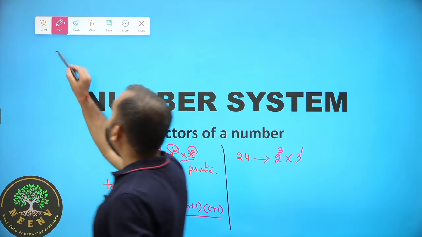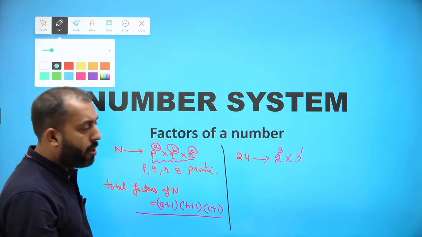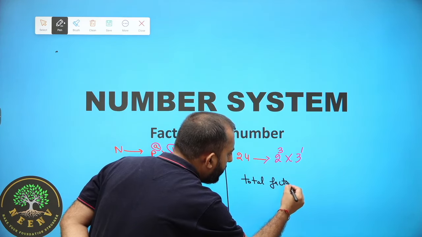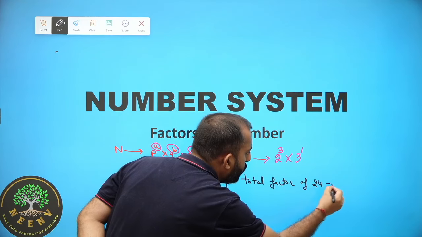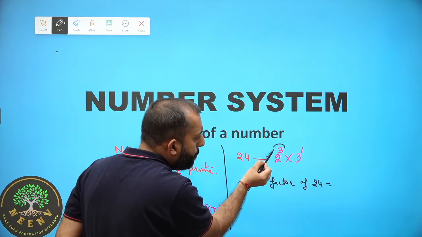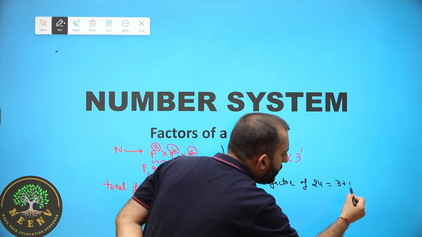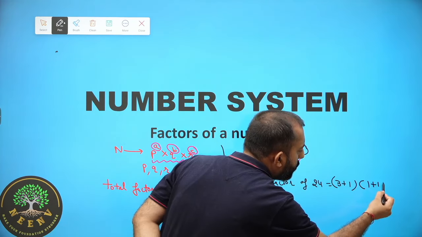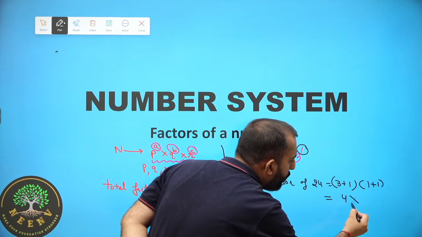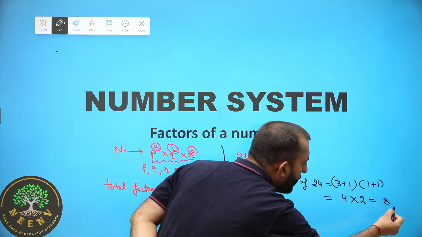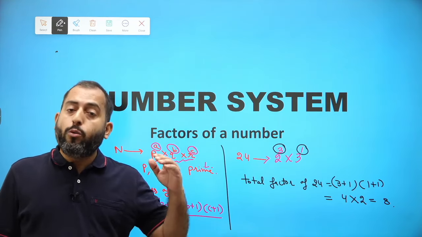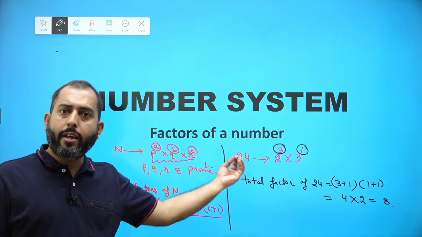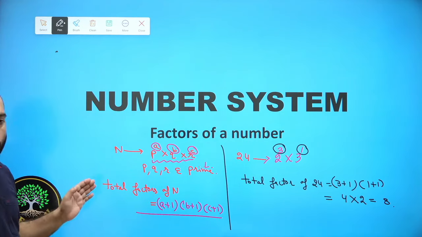So total factors of 24 will be equal to, power of 2 is 3, so pick this 3, 3 plus 1, into power of 3 is 1, 1 plus 1. 3 plus 1 is 4, and 1 plus 1 is 2. 4 into 2 is 8. So 8 factors of 24 are there, and we have counted these 8 factors manually already. So I hope this shortcut is clear.